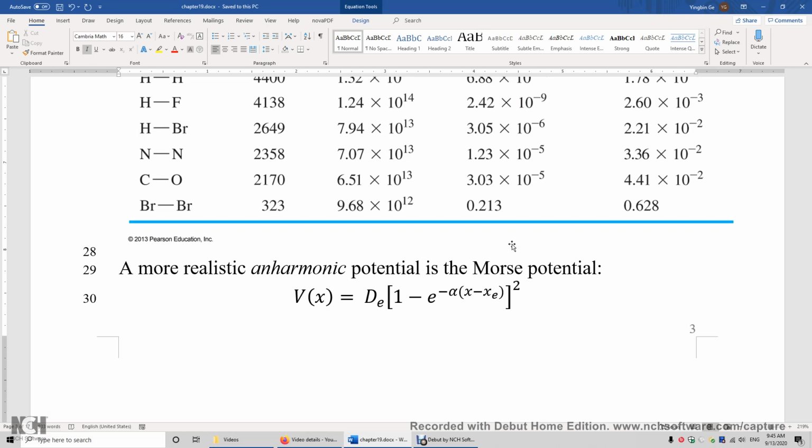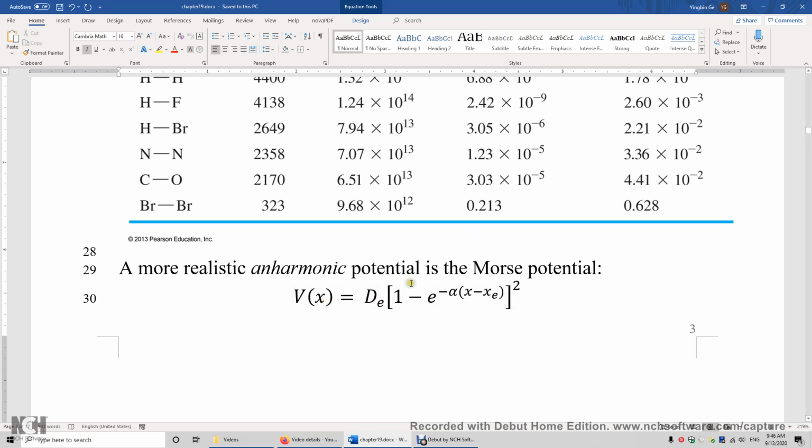In the real world, if you keep stretching a bond, you know the bond is going to be broken and the potential energy should level off to 0. So there's a more realistic model to describe the potential energy of a diatomic molecule. It's called the Morse potential, Morse equation, Morse model.